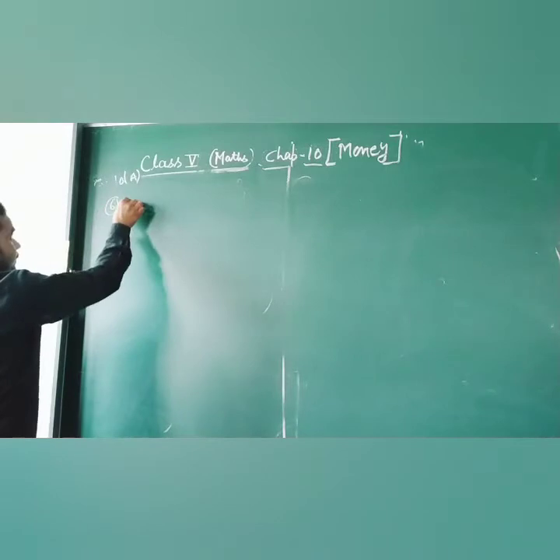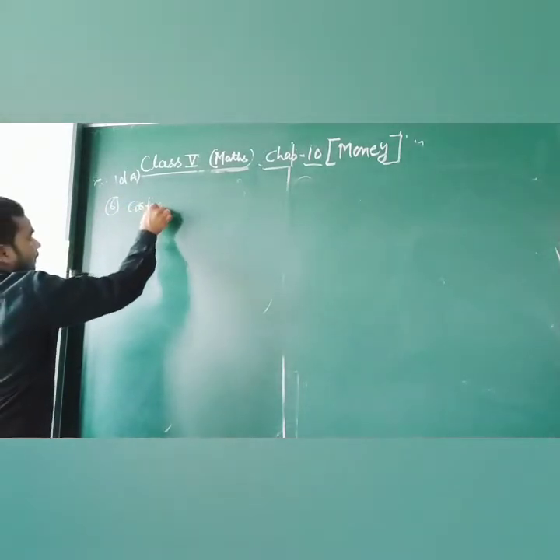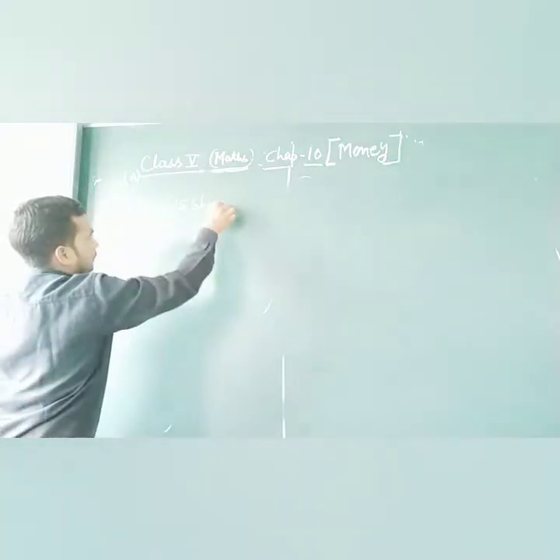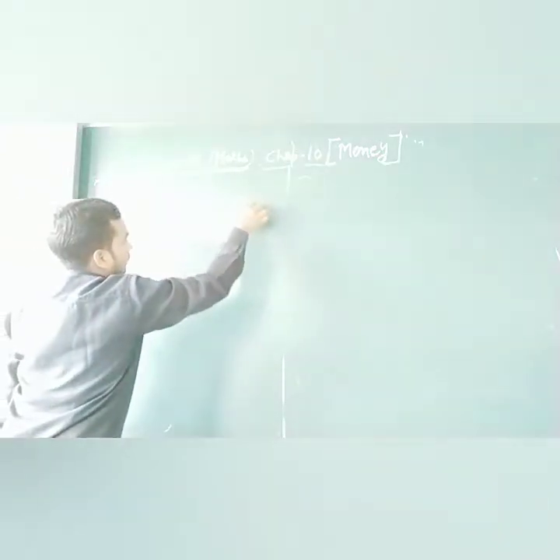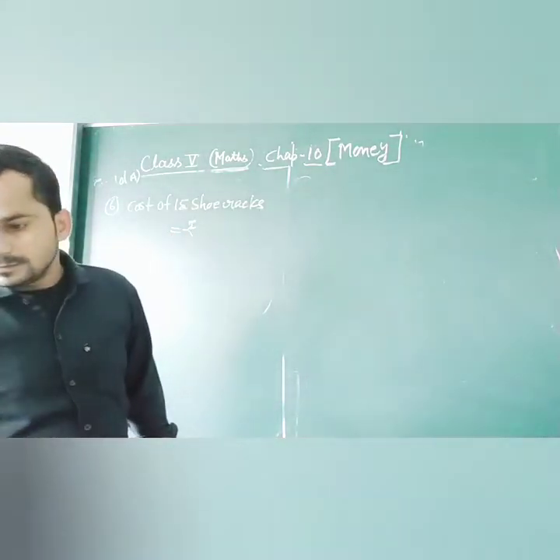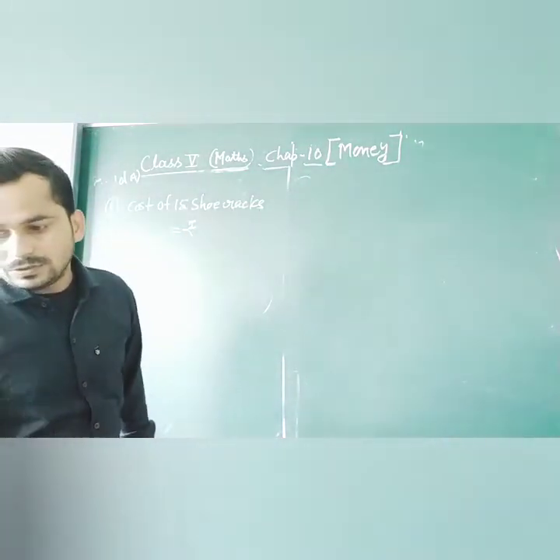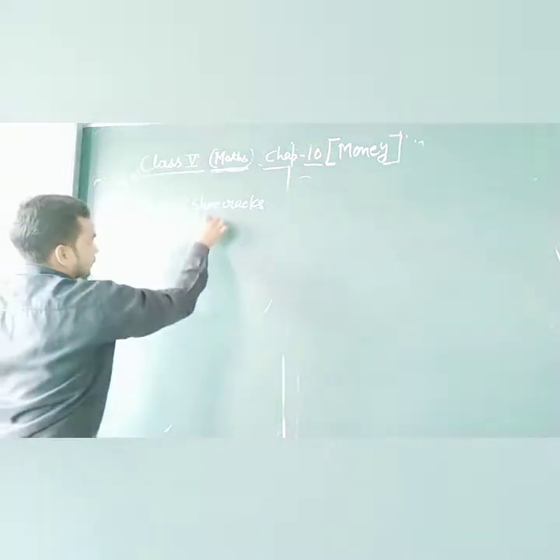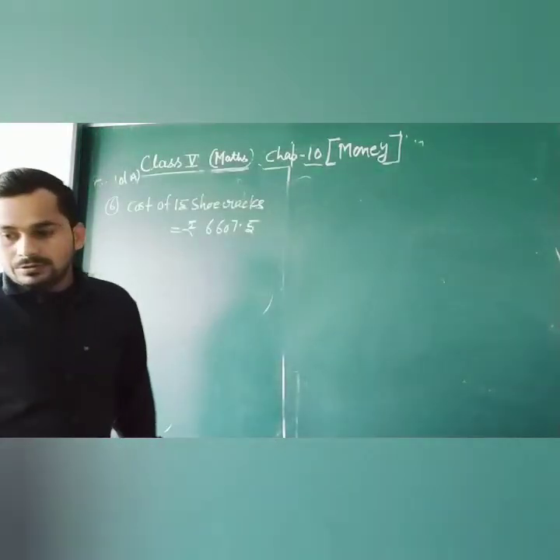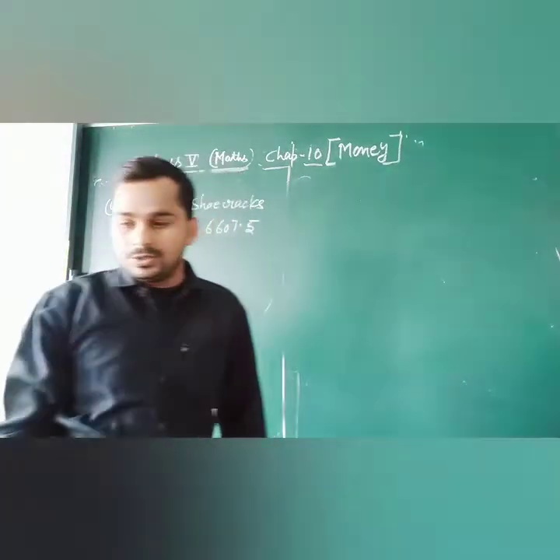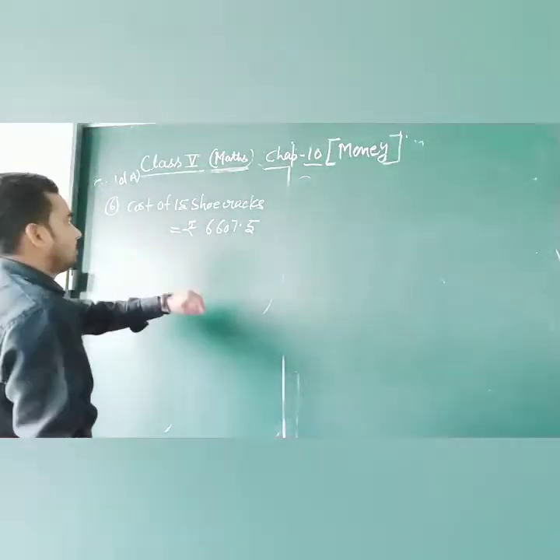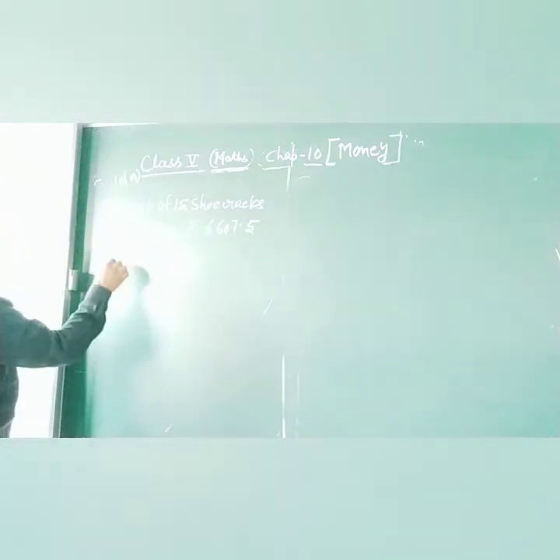Cost of 15 shoe racks equal 6607.5, and find the cost of 23 such shoe racks. So first we have to find out the cost of one shoe rack.